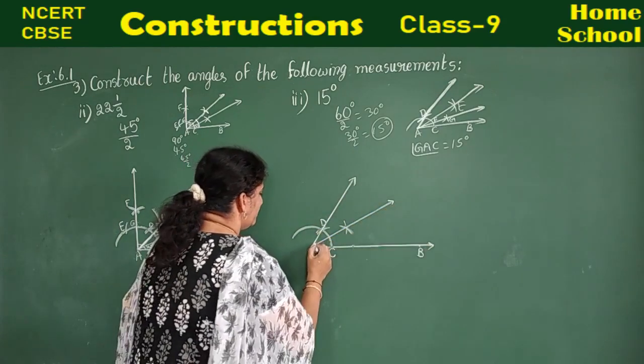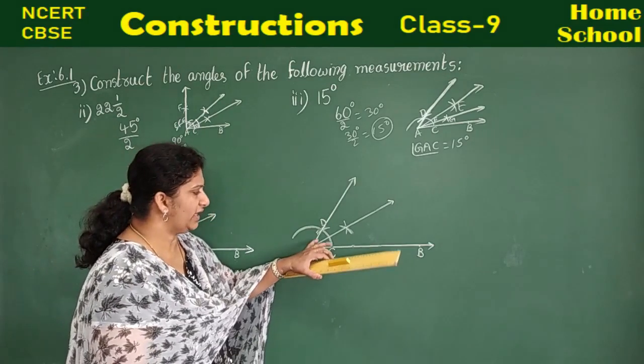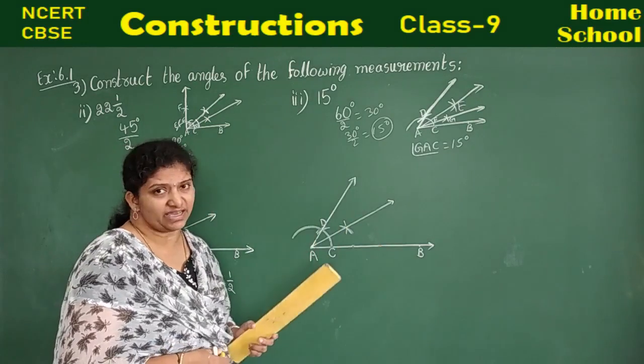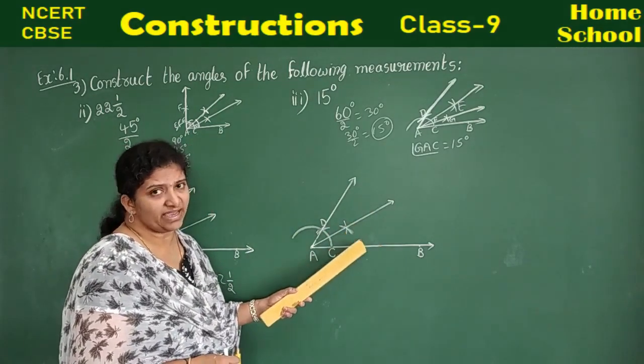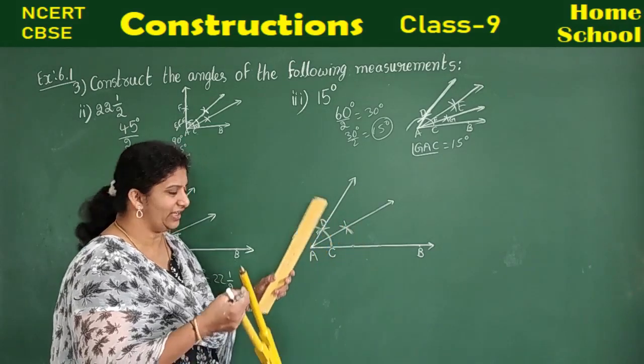Right? This angle so created is how much? This is 30. This is 30. Angle is bisected. 30, 30. Now again this angle to be bisected. How should it be bisected? 15 and 15 degree.